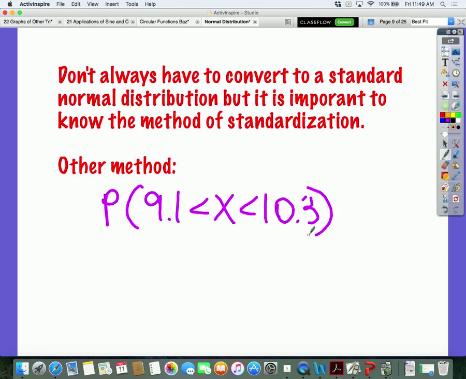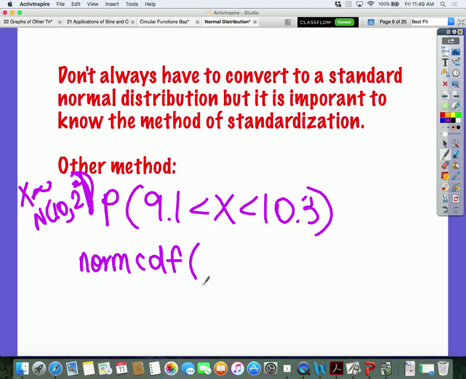Where our mean was 10 and our standard deviation was 2 because it was being squared. So to do the other method is what you see. You still go to norm CDF, by pressing second vars.